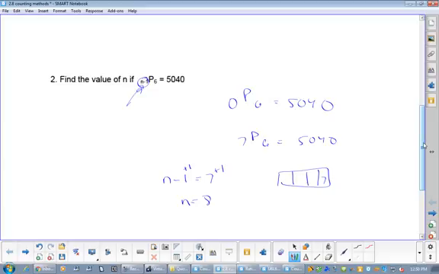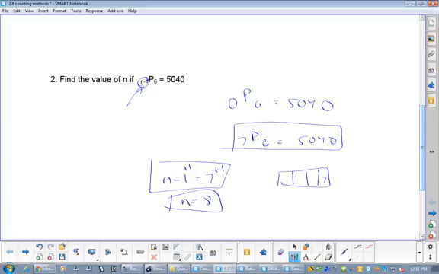That's the only way you're going to get caught, is if you actually mess up the little bit of algebra, because this is not difficult algebra if you want to line that up. So n would equal 8, even though we're going to start with 7P6 equals 5040.